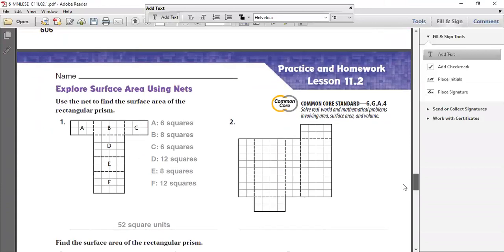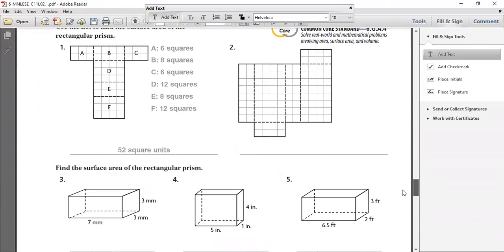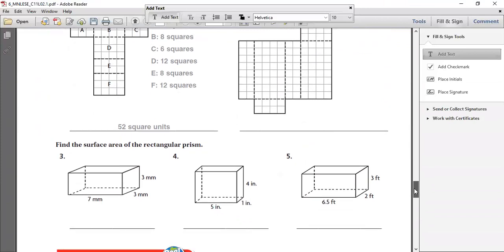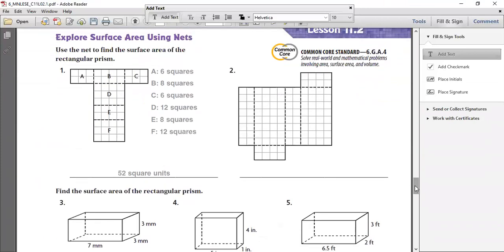Fine. So your homework for today is only going to be question number 2 and 3. Now question number 2 and 3, they just want you to name these. Let me name it for you so that it'll be easy when you do the question.